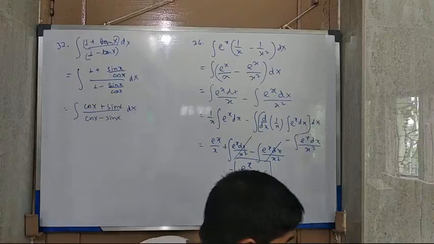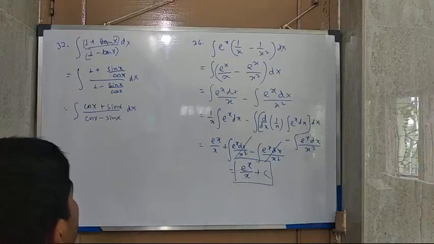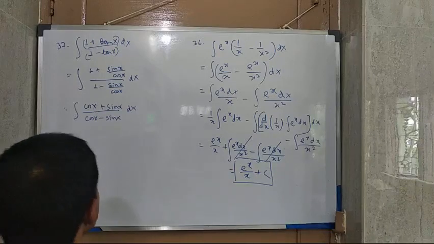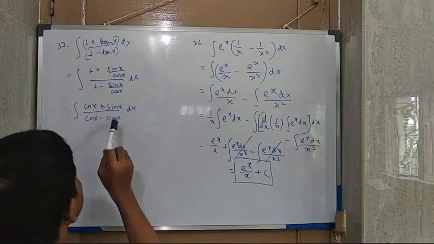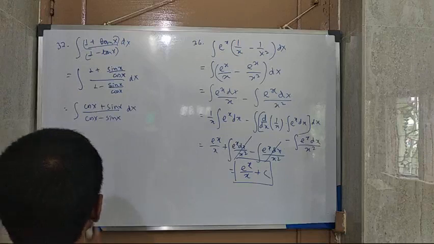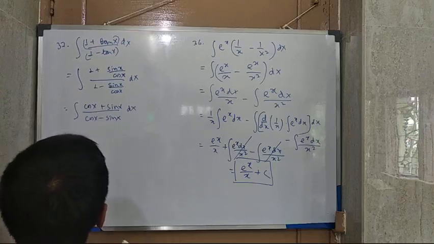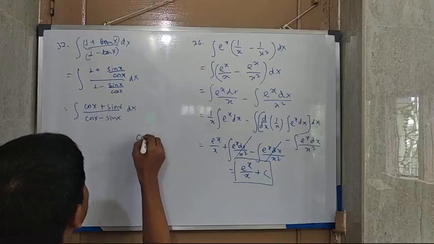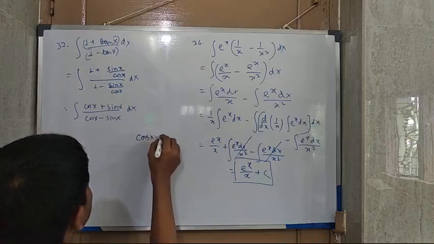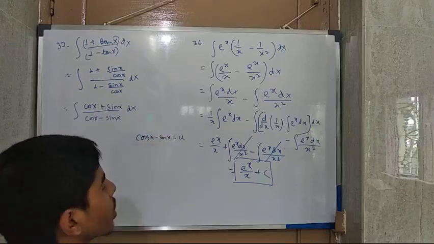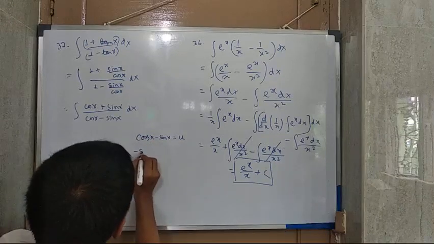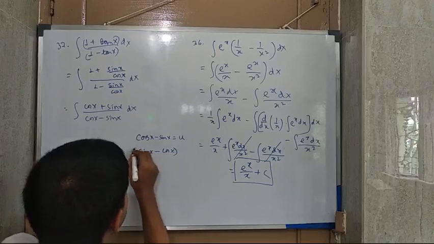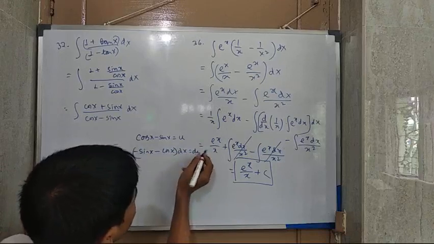Now let's differentiate this. Let cos x minus sine x be equal to u. So minus sine x minus cos x dx is equal to du.